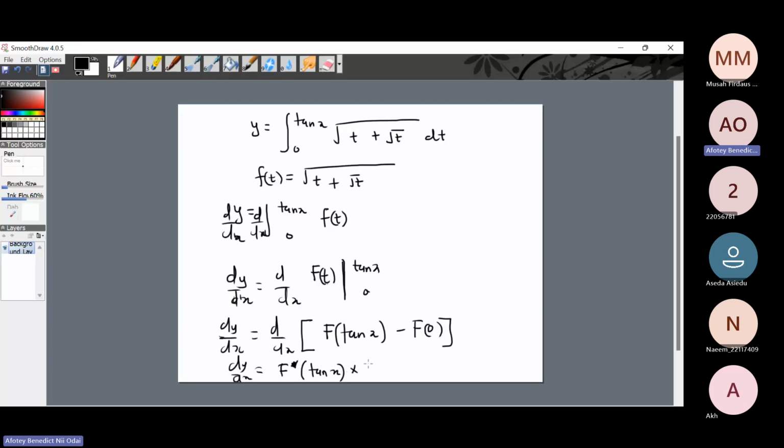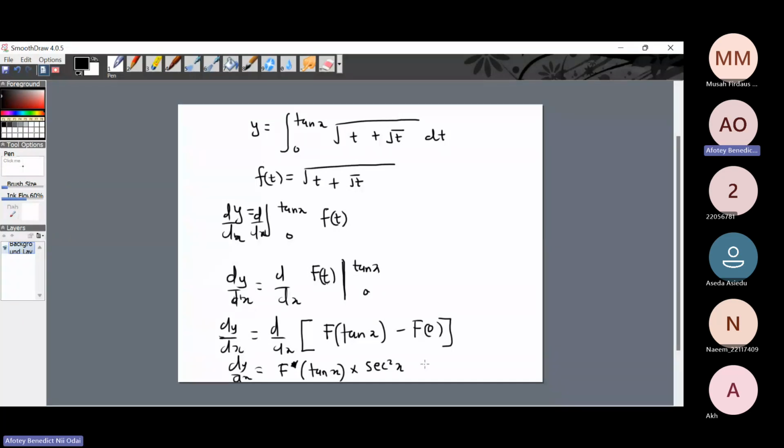This gives us sec squared x. Now remember what you said earlier, that small f and capital F are both functions. So if you put in a value inside and you differentiate, you always get 0. So this gives us 0, minus 0.